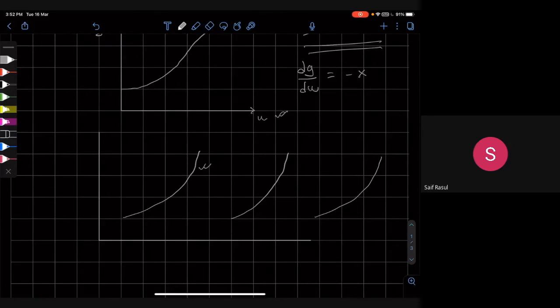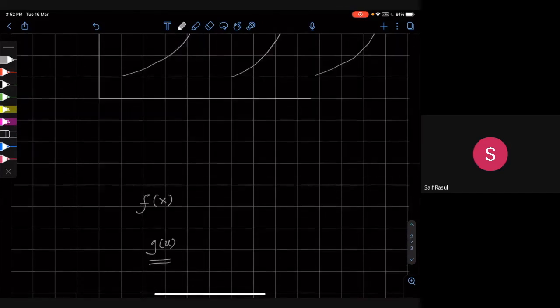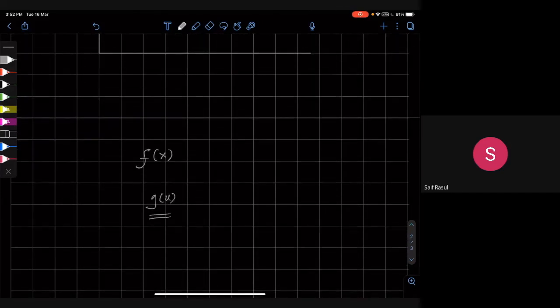Then you can reconstruct the original function by saying that this original function is x times the tangent plus the intercept, right?